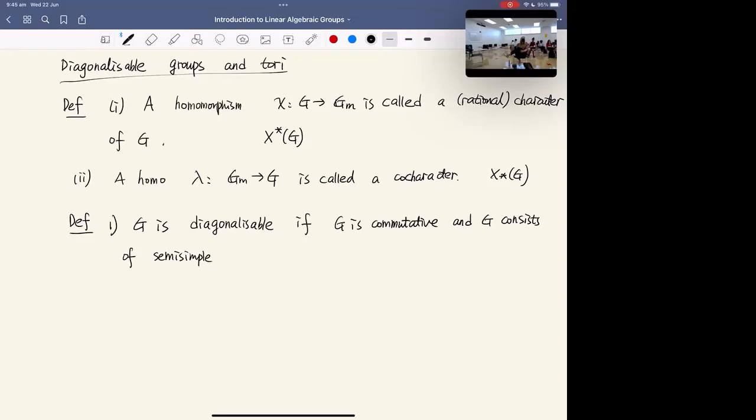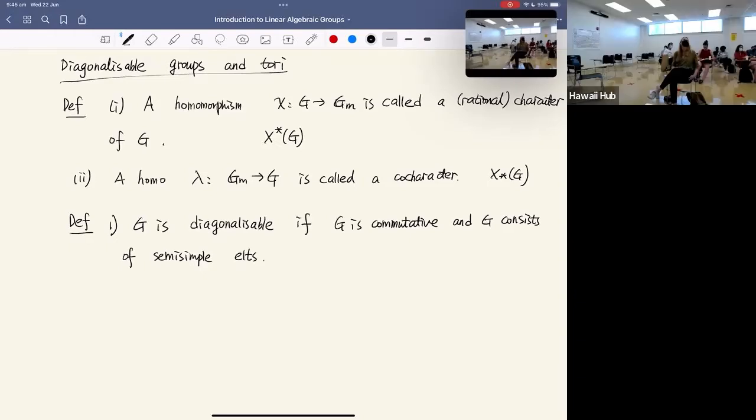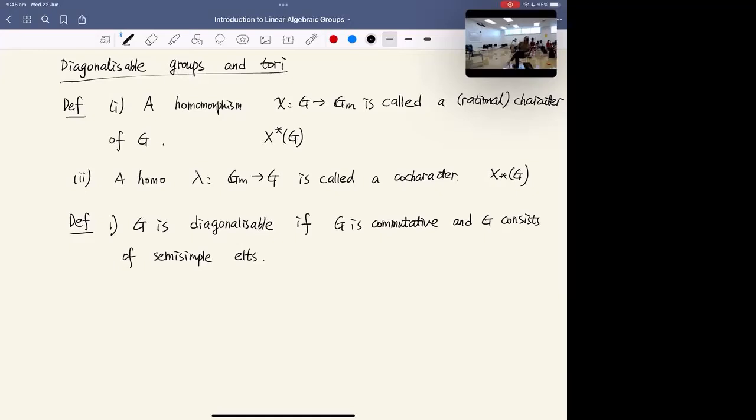So what would be a diagonalizable group that we can think of? Diagonal matrices. Dn, very good.